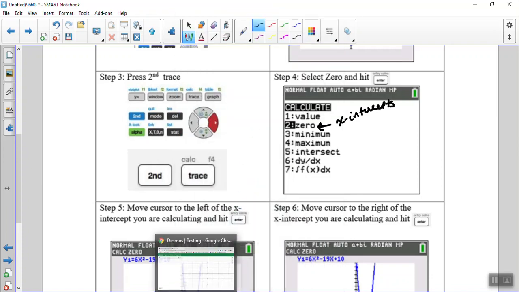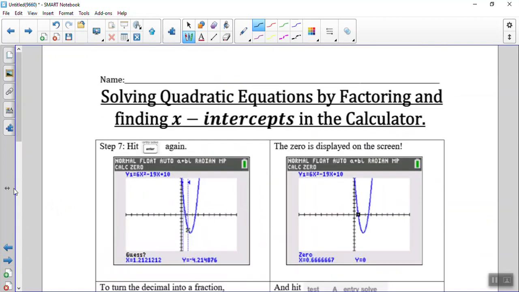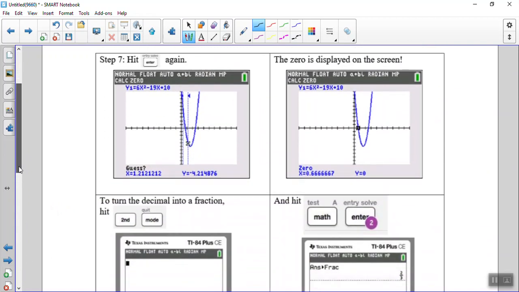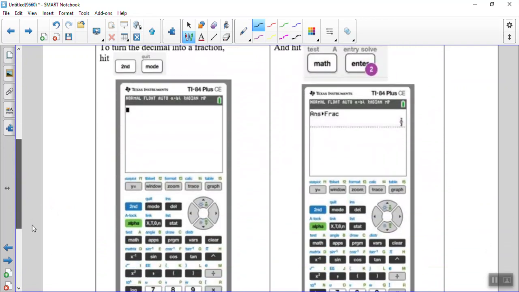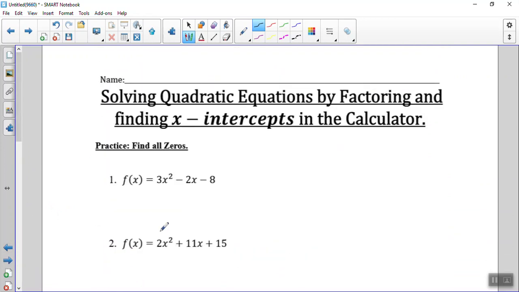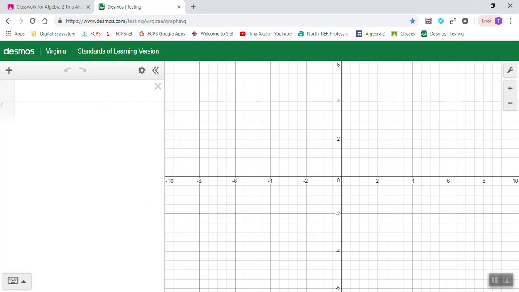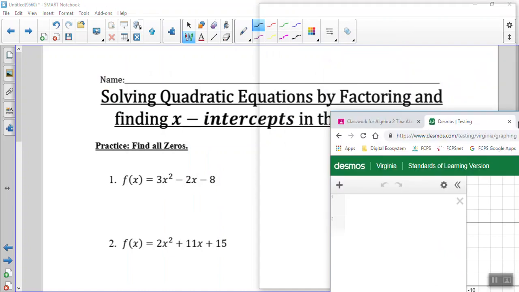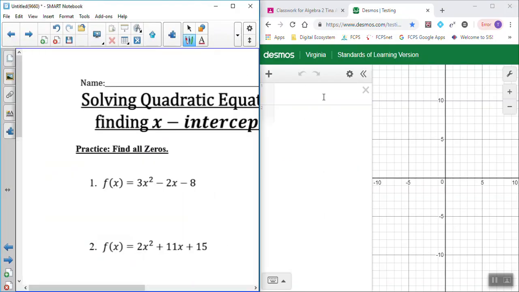I'm going to go to Desmos. But before I do that, let me go to the practice page. So there's a bunch of steps to do this on the TI calculator, okay? But now let's go to your Desmos calculator, and we are going to try to find the x-intercepts on this.